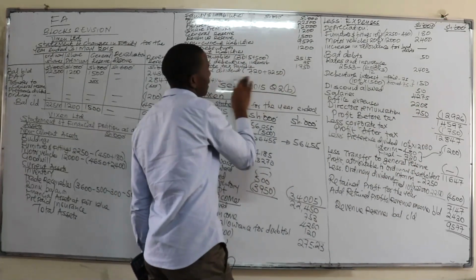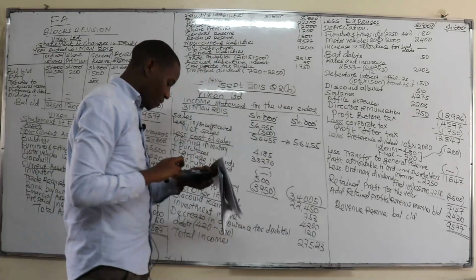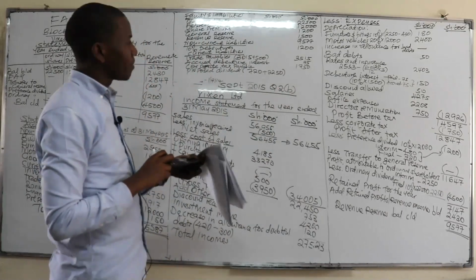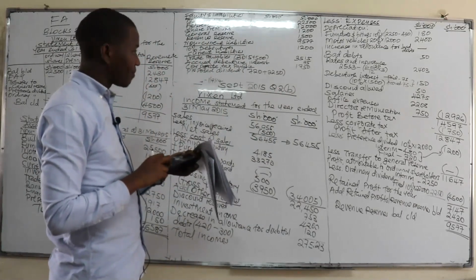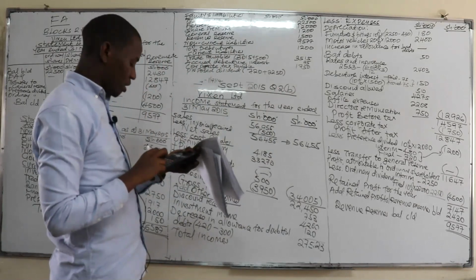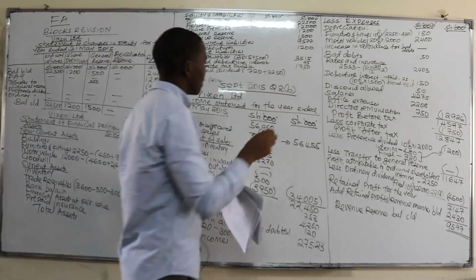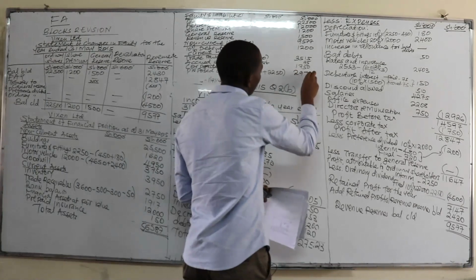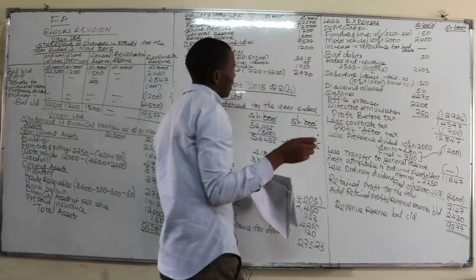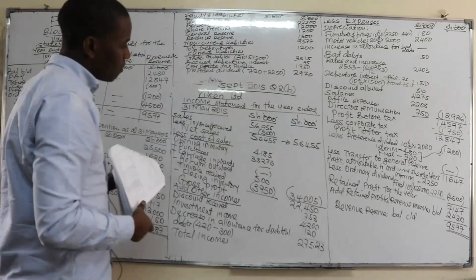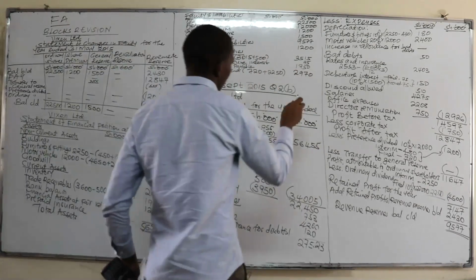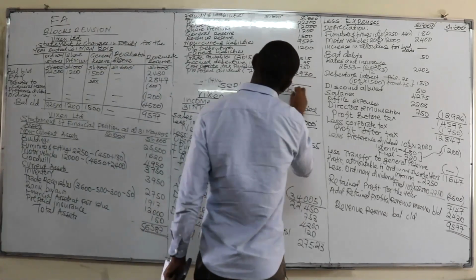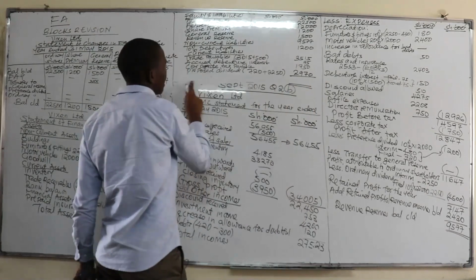So you add 720 and 2,250, which in that case is 2,970. So there is nothing that I think we've omitted in that case. So you can get the total equity and liabilities.